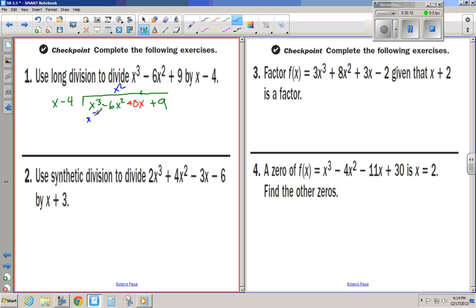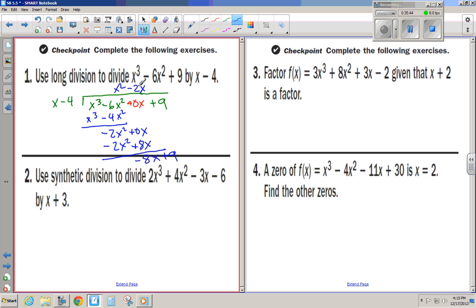So x cubed minus 4x squared becomes negative 2x squared plus 0x. Now, minus 2x, because minus 2x times x is minus 2x squared, minus 2x times minus 4 is plus 8x. And when I subtract, you get negative 8x plus 9.